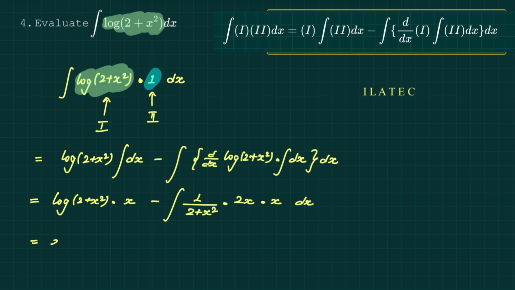Equals x into log of 2 plus x square minus, here this 2 is constant, so let me take it out. So integration of x into x is x square by, let us write 2 plus x square as x square plus 2 dx.